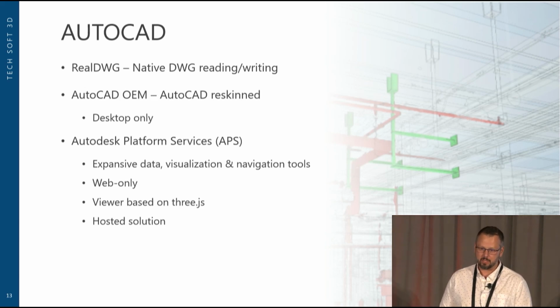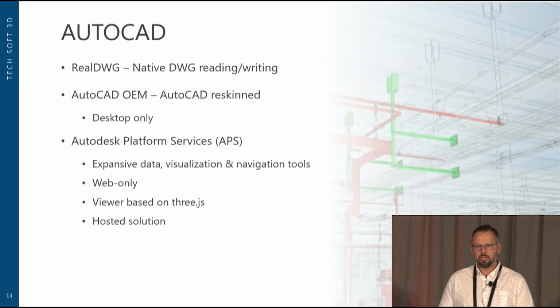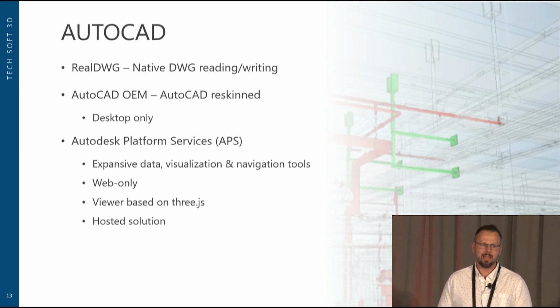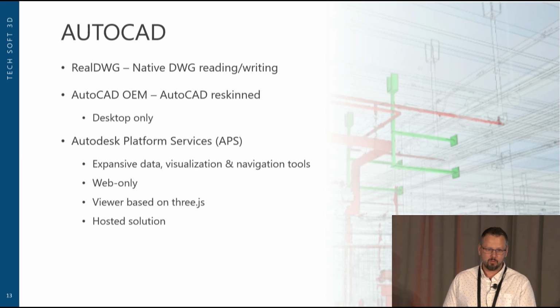It's not 100% correct. They have to reverse engineer it every 3 years when Autodesk comes out with a new format. Real DWG is an SDK for reading DWG files natively. It's what Autodesk uses themselves. It's my preferred method for reading DWG files, because it ensures that you get 100% accuracy in all the data within that.